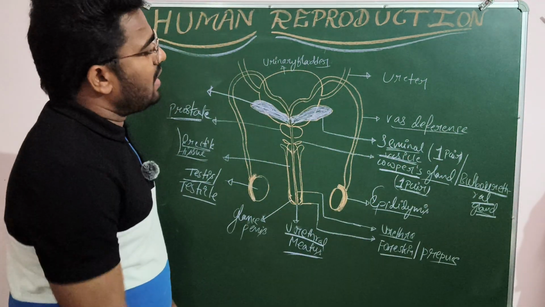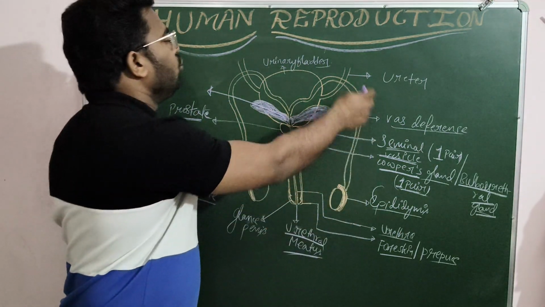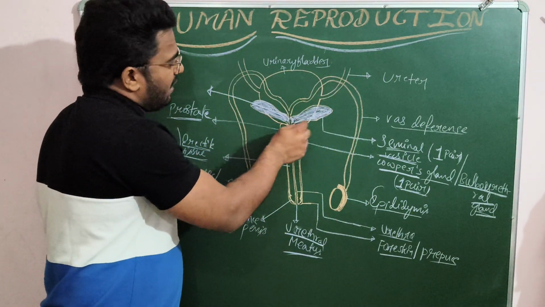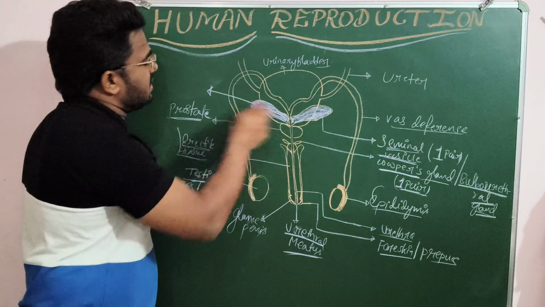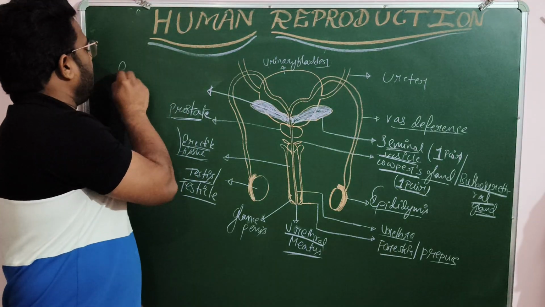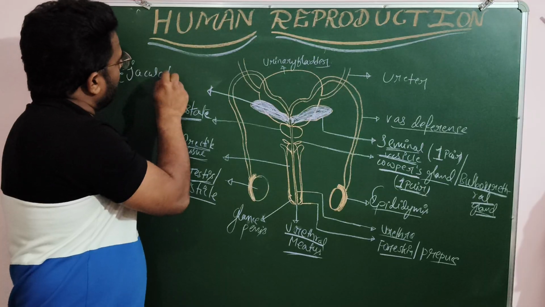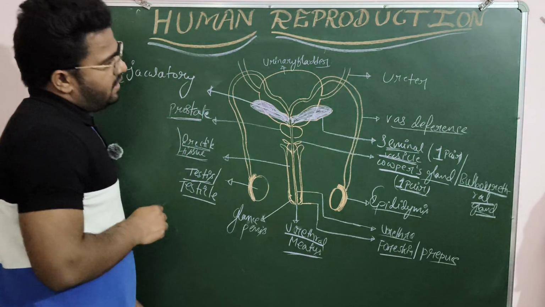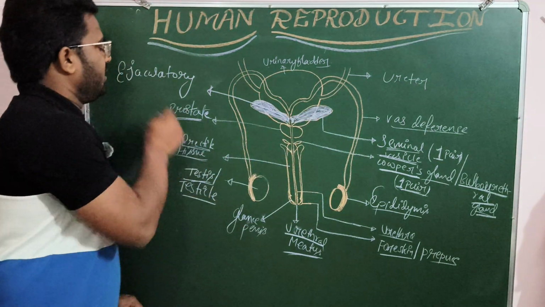Vasa deferens enters the abdominal cavity again, forms a loop around the ureter, and then forms the ejaculatory duct by merging with the duct of the seminal vesicle. So this ejaculatory duct is formed by the union of two ducts, vasa deferens and the duct of seminal vesicle.